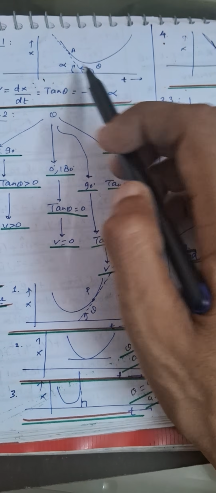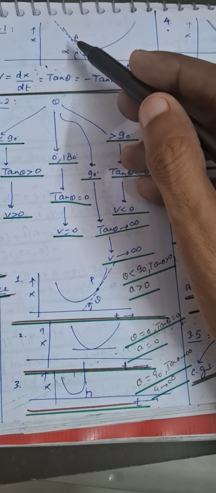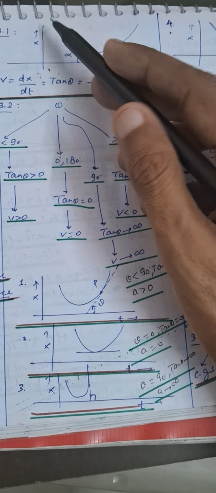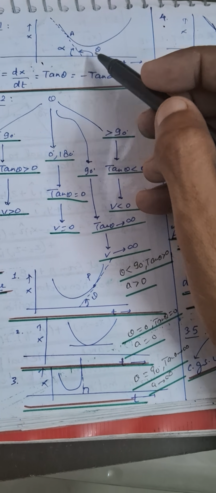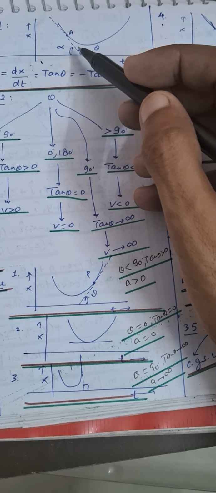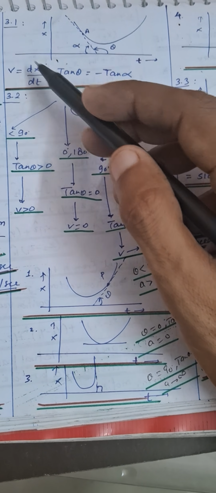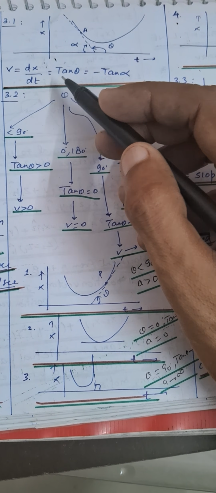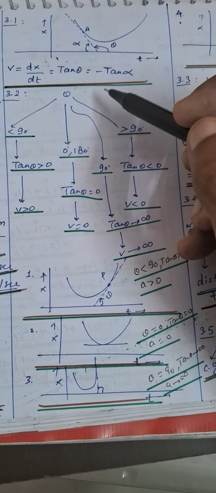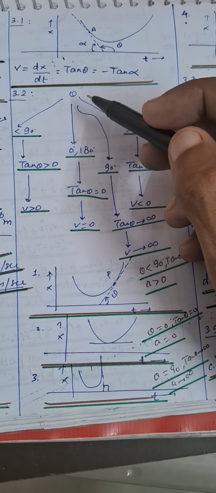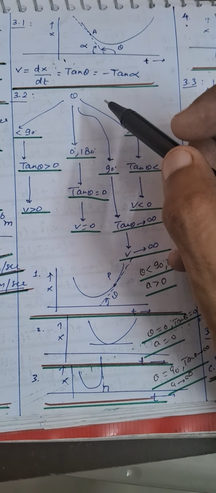Then we have certain graphical based questions. Suppose this is the position time graph of a particle and we have a certain point A. We draw a tangent on the graph, and the angle in clockwise sense is alpha and in anti-clockwise sense is theta. So we have velocity as dx by dt, which is tan theta, which is also equal to minus tan alpha. Now we have certain comparisons based on values of theta.